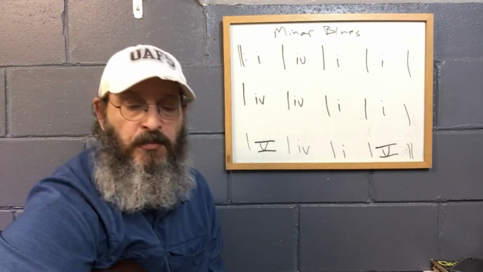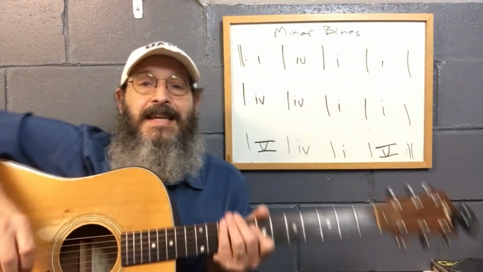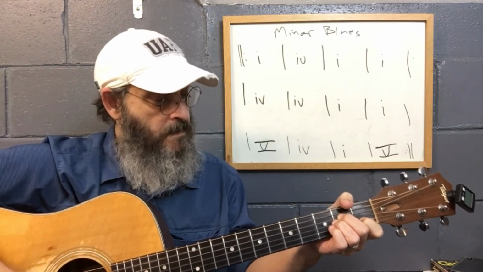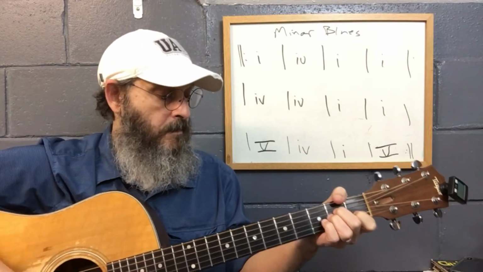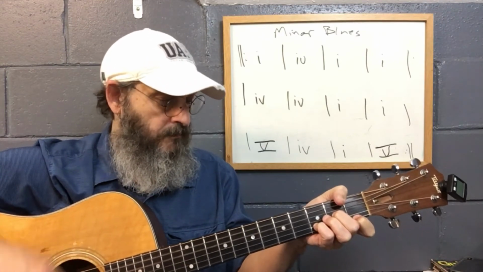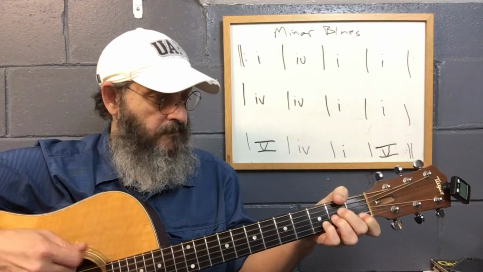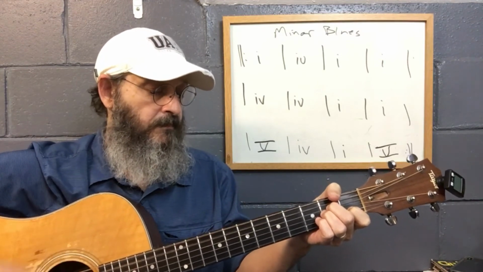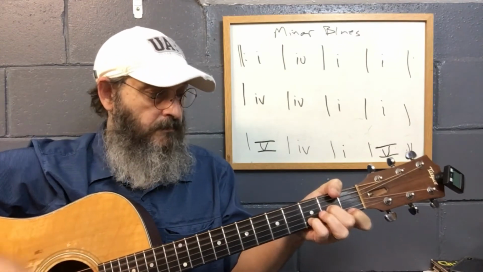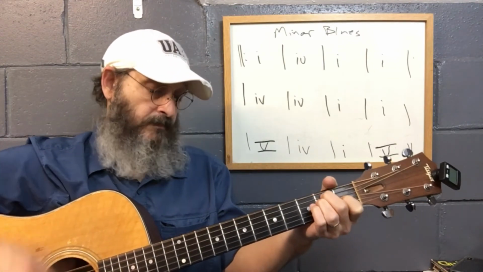So this means a minor blues using A minor, D minor, and E major should sound like this. If we'd like to try it in E minor, we would use E minor, A minor, and B7.